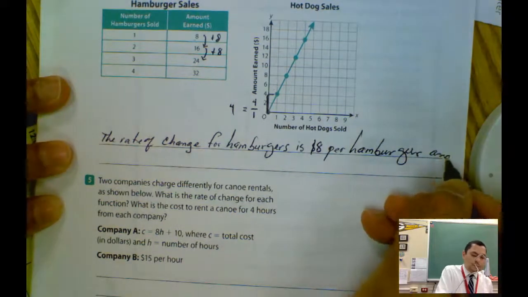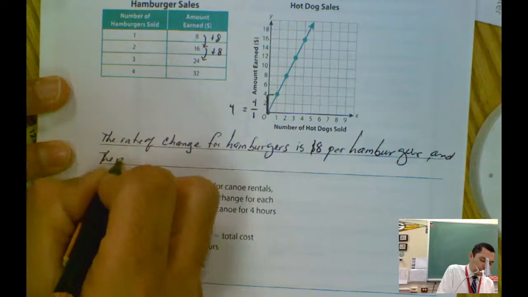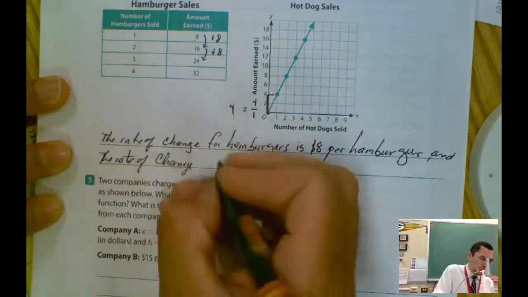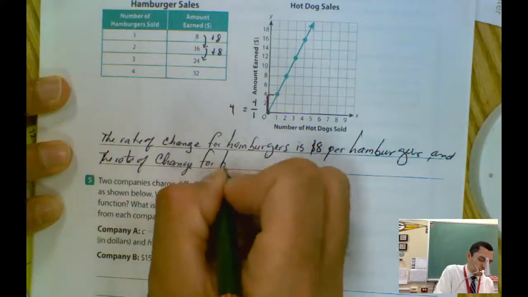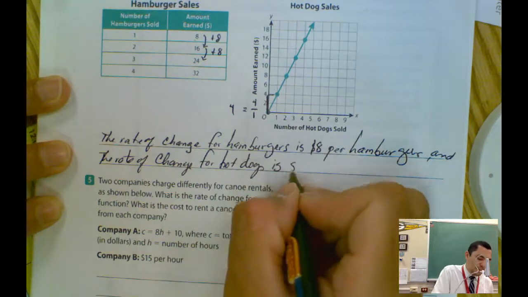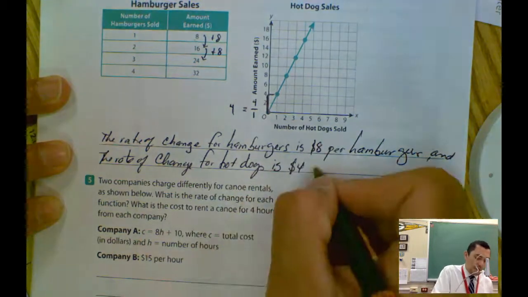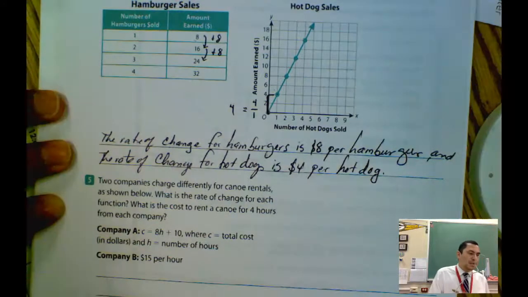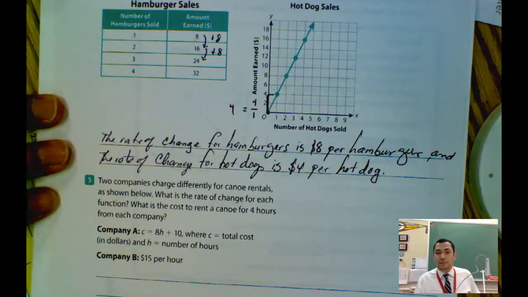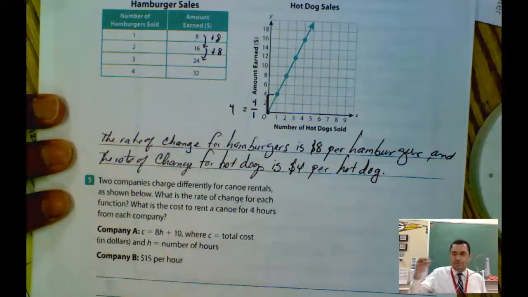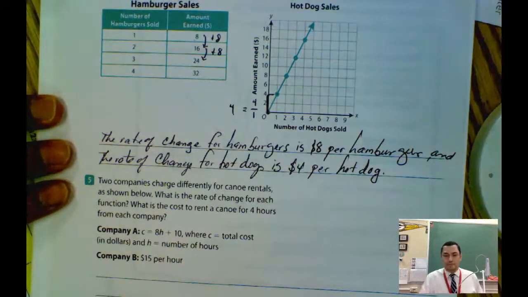And the rate of change for hot dogs is $4 per hot dog. Okay, so in this case, the rate of change of hamburgers is double the rate of change of hot dogs. So you can say the rate of change of hamburgers is double the rate of change of hot dogs.